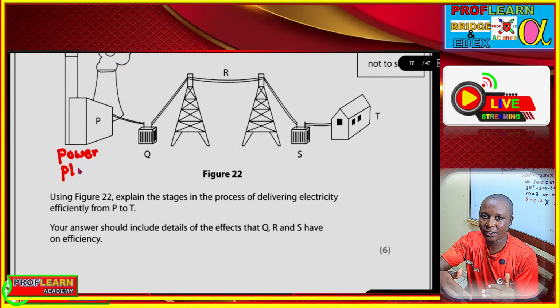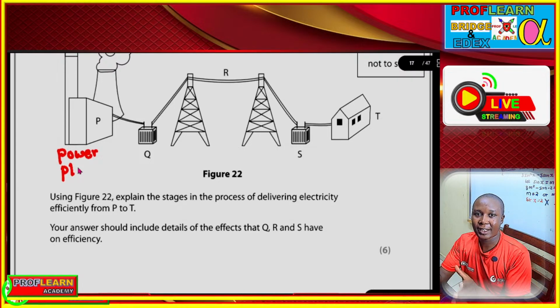In the process, the turbine rotates the generator, and the generator has magnets and a coil within it. As the coil rotates within the magnets, electricity is generated through electromagnetic induction.